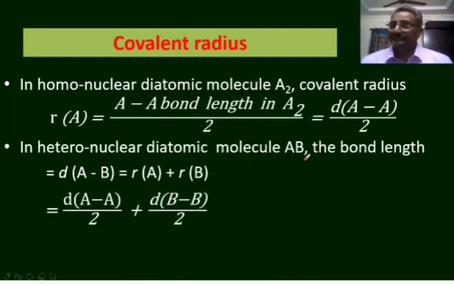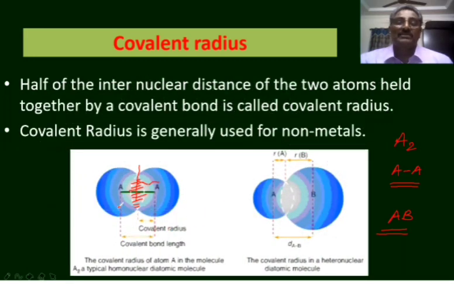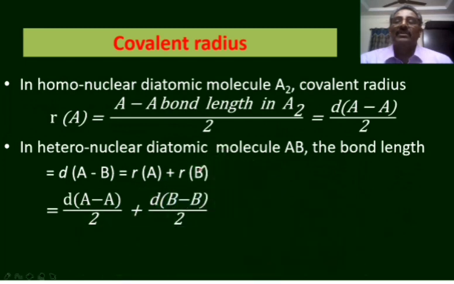In the case of homonuclear diatomic molecule A2, covalent radius rA is equal to the A-A bond length in A2 by 2, that is dAA by 2. The A-A bond length in the A2 molecule divided by 2 gives the covalent radius.